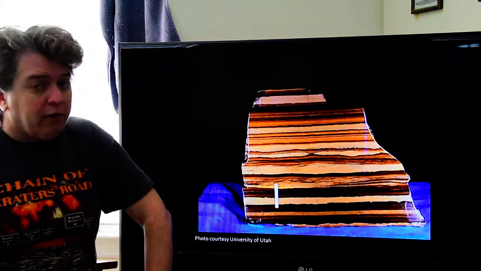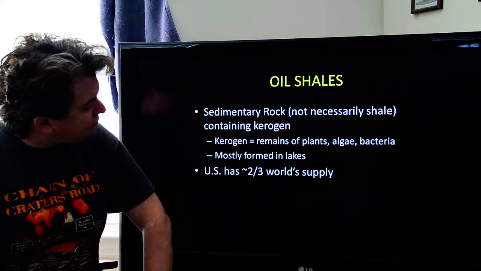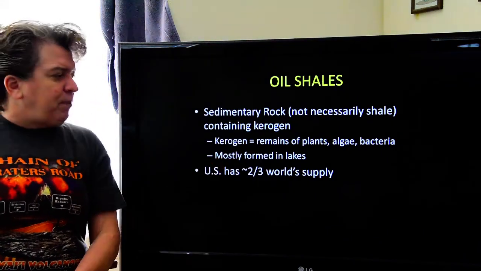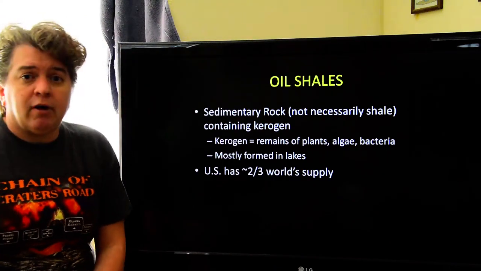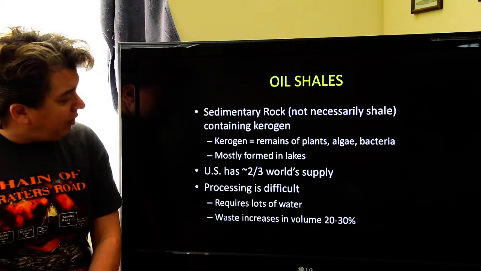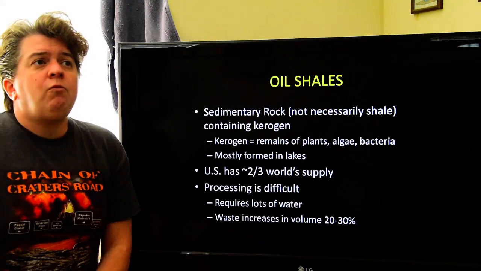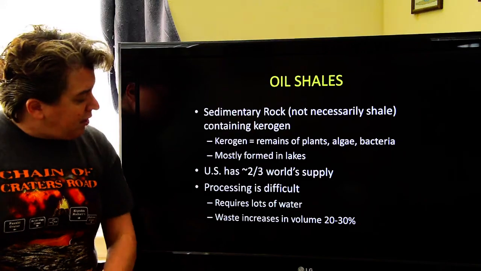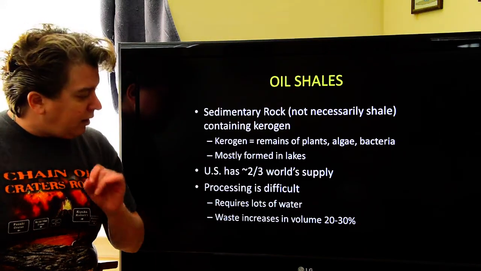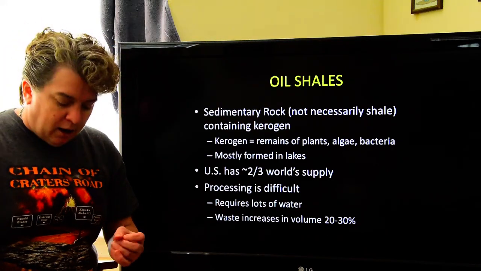This is what an oil shale looks like. The U.S. has about 2/3 of the world's known supply of oil shales, so we definitely have plenty of these. The reason it's not used as much as it could be is because processing it is difficult.